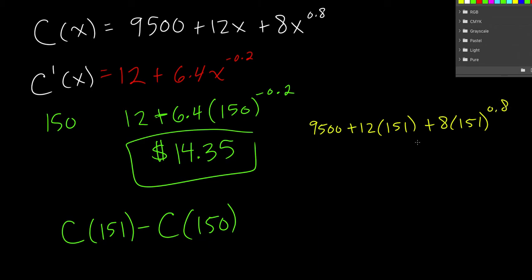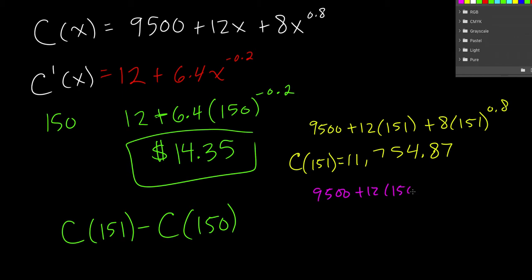Okay, so if I plug that in, I end up getting that. So that's my C151. Okay, and then if I plug in that, I get my C150 is equal to that.